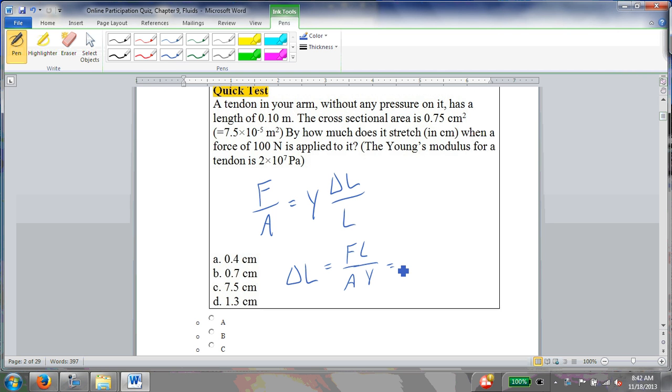The force is, what is the force? 100 newtons. The length of your tendon is 10 centimeters or 0.1 meters. The cross-sectional area, I give it to you in square meters, which we need, so 7.5 times 10 to the minus 5 square meters, times the Young's modulus, which is 2 times 10 to the 7 pascals.